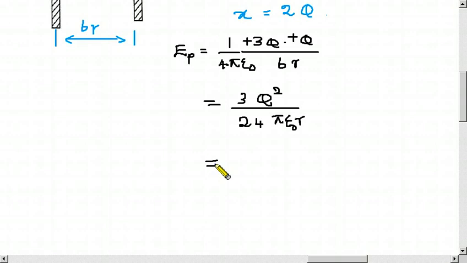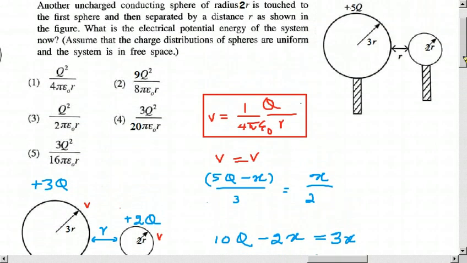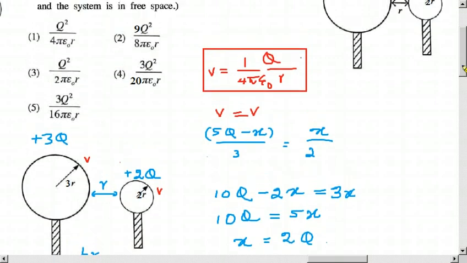Furthermore, you can simplify, divide by 3, then q squared over 8 times 3 times 8 is 24, isn't it? 3 times 8, 8 times 3, 16, 24, yes. Q squared divided by 8.